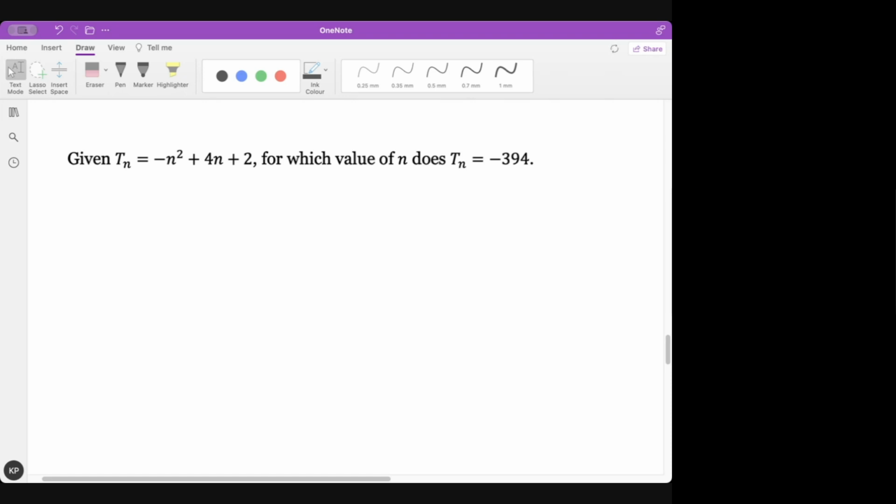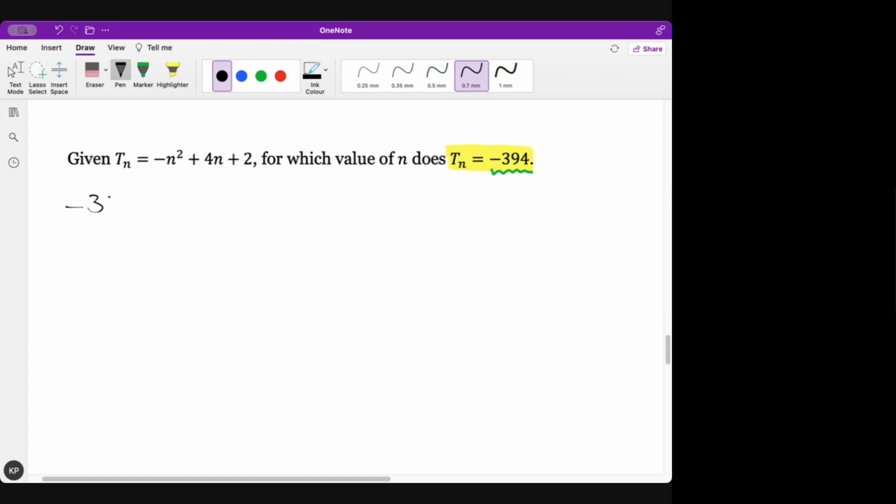And they want to know for which value of n, or for which place or position in the sequence, will Tn be negative 394. Obviously we would have to start off by substituting negative 394 into Tn. So let's do that.